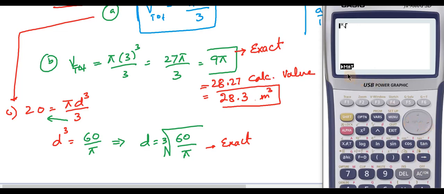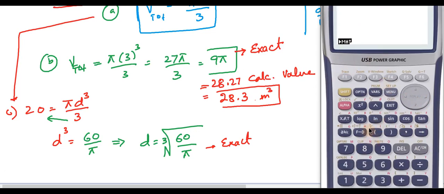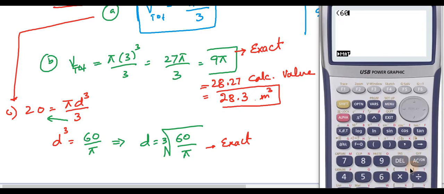Another way of typing in the cube root, if you find it difficult to type the cube root, is your number, which is 60 divided by pi.